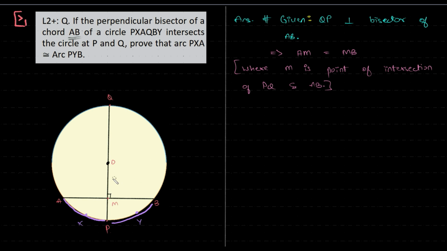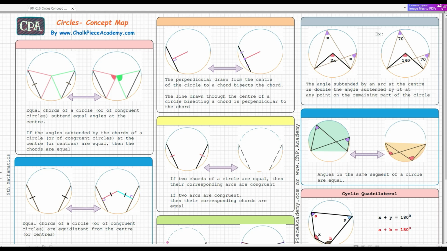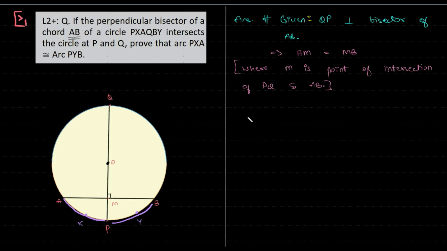So next thing is we need to conclude one more thing. Since this is a perpendicular bisector, it will pass through the center, the converse. A line drawn through the center of a circle that bisects a chord is perpendicular to the chord. And also we have one more conclusion: as PQ is a perpendicular bisector of a chord, it passes through the center, sorry.